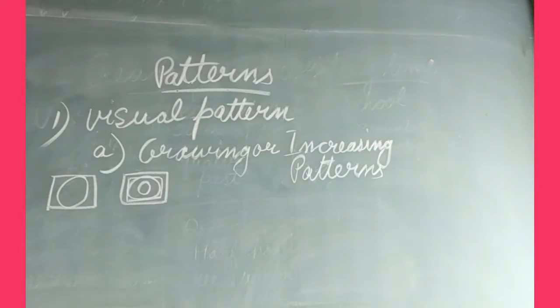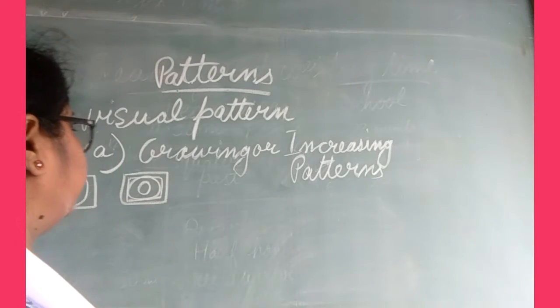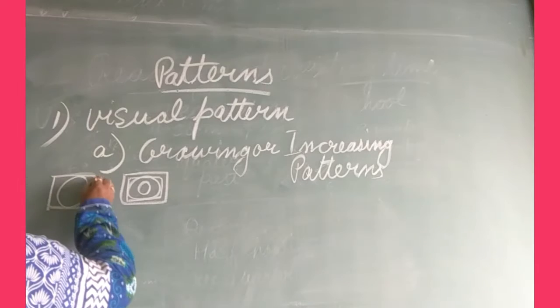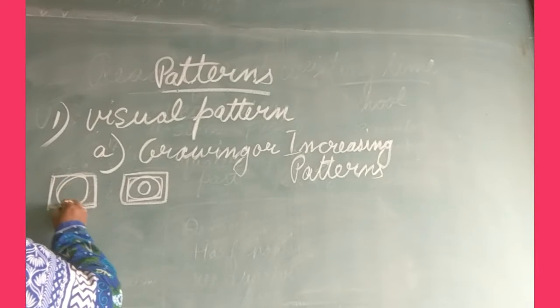Understood? Here, number 1 in visual pattern is the growing or increasing pattern. In this you are seeing one square, and inside the square one circle.